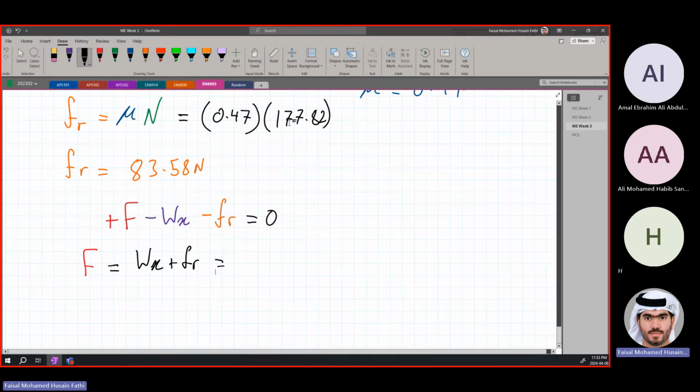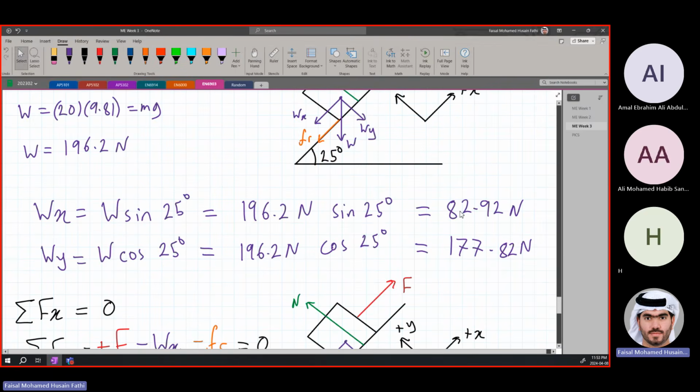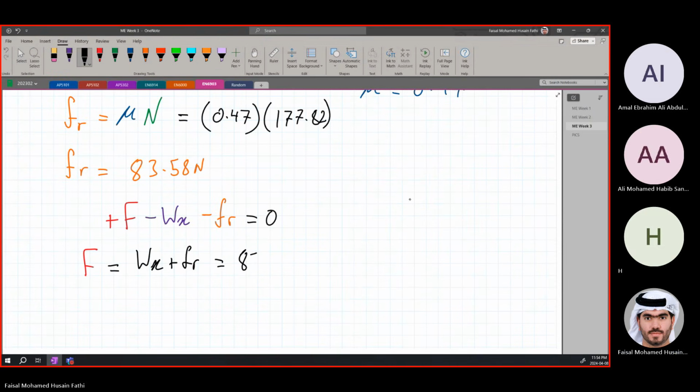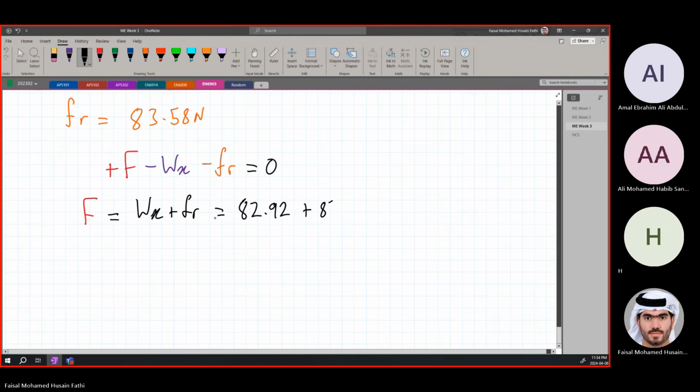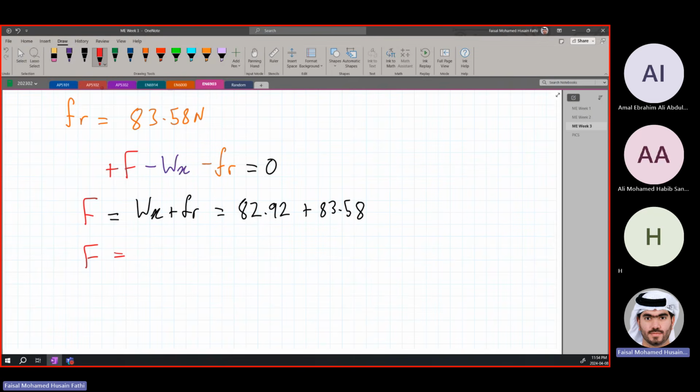So it's equal to Wx, which was 82.92, plus the Fr, which is 83.58. So F is going to be 82.92 plus 83.58, which is equal to 166.5 newtons. And that is basically how you would solve such a question.